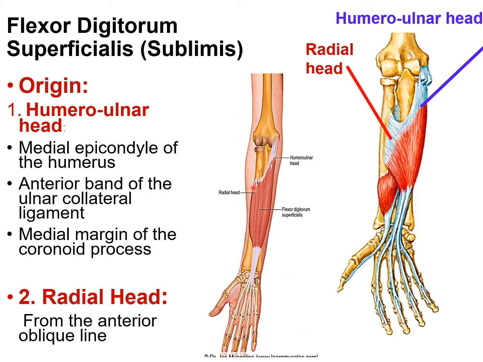The radial head arises from the anterior radial border or the anterior oblique line. It extends from the radial tuberosity to the insertion of pronator teres. So the flexor digitorum superficialis has two heads, the humero-ulnar and the radial head.